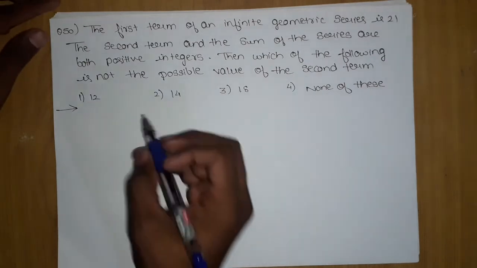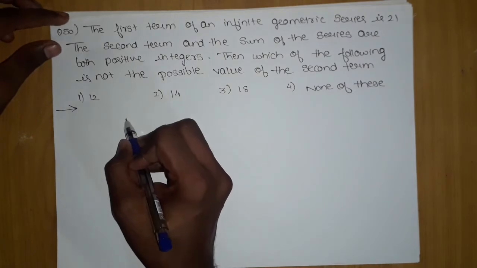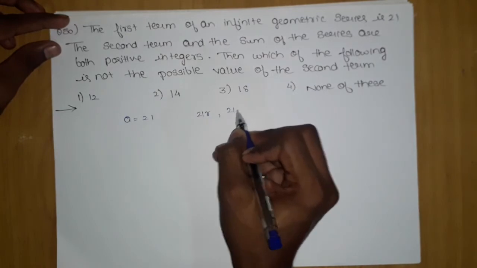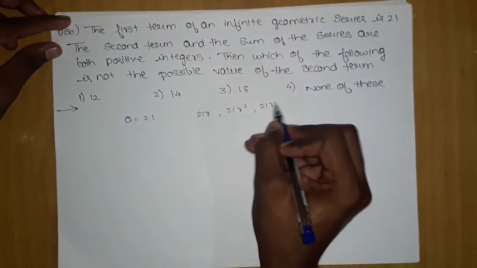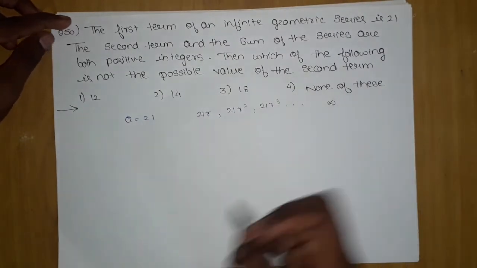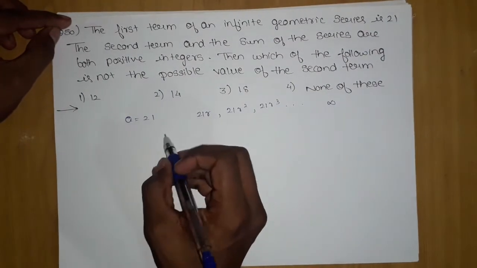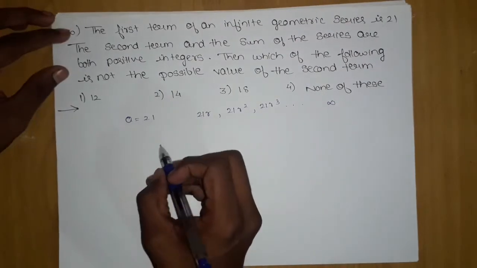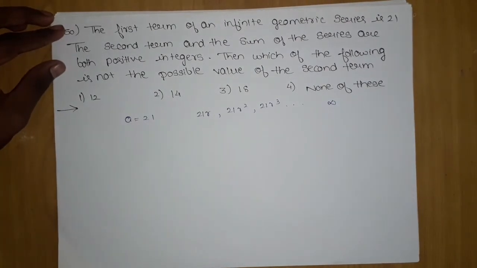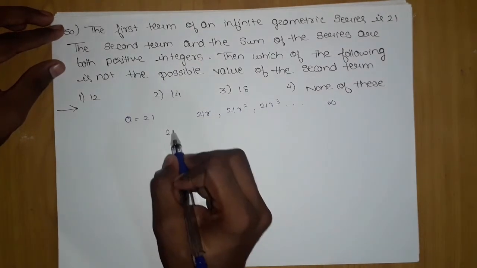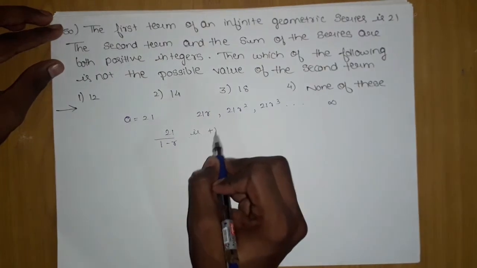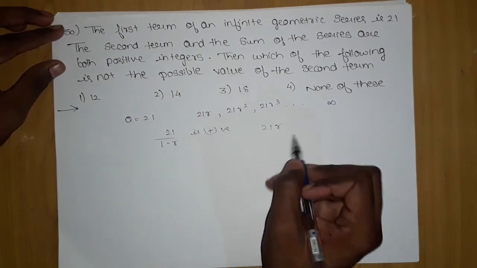So first, the first term a is nothing but 21. The second term will be 21r, then 21r square, 21r cube, and so on till infinity. Very simple. Now the sum to infinity, and the sum of the series, are both positive, so the sum of the series, 21 upon 1 minus r, is positive, and 21r is positive.